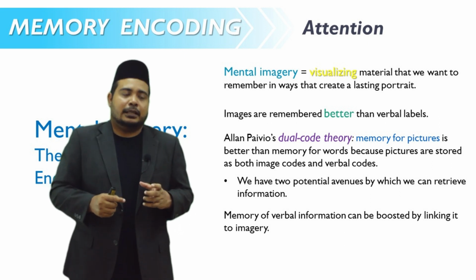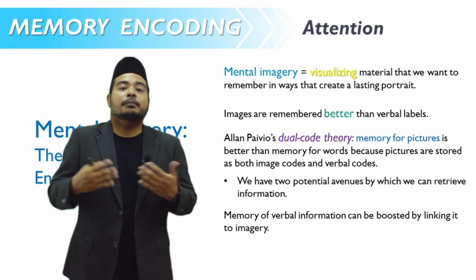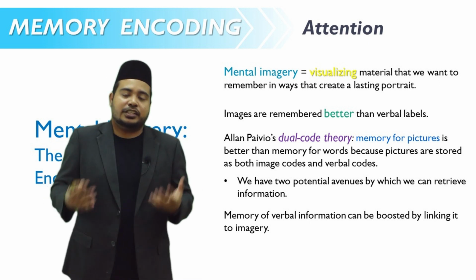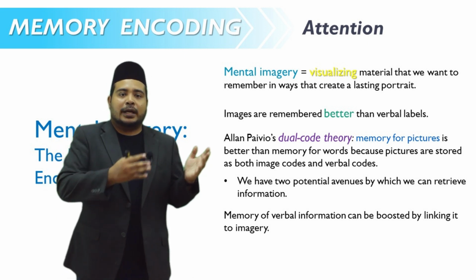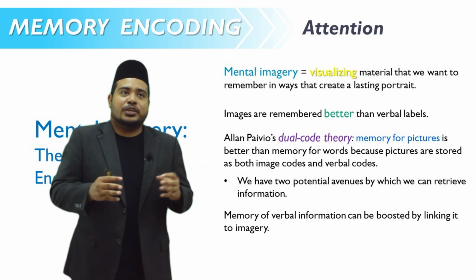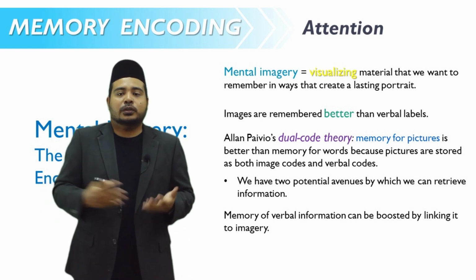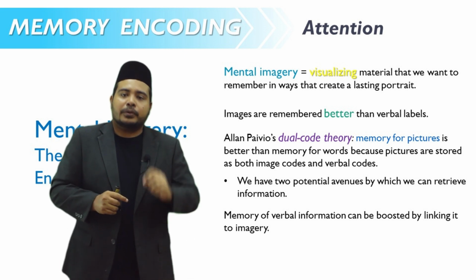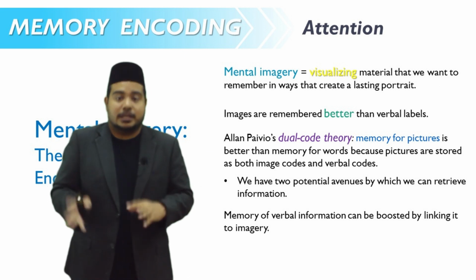Images are remembered better than verbal labels. We remember pictures better than the sound of words. According to Allan Paivio, who proposed dual code theory, memory for pictures is better than memory for words.